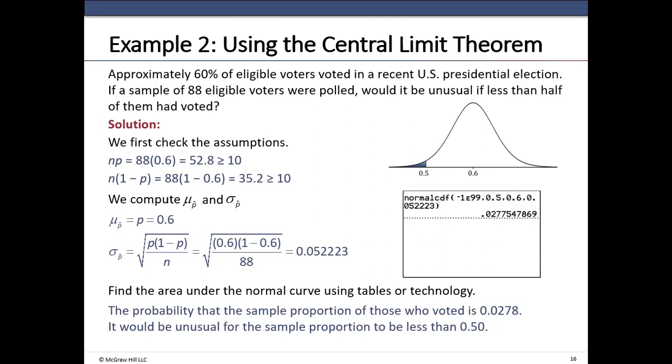So second x square gives me the square root. My p is 0.6. Left parenthesis, 1 minus 0.6, then put the right parenthesis, divided by your sample size, 88, and then hit enter.